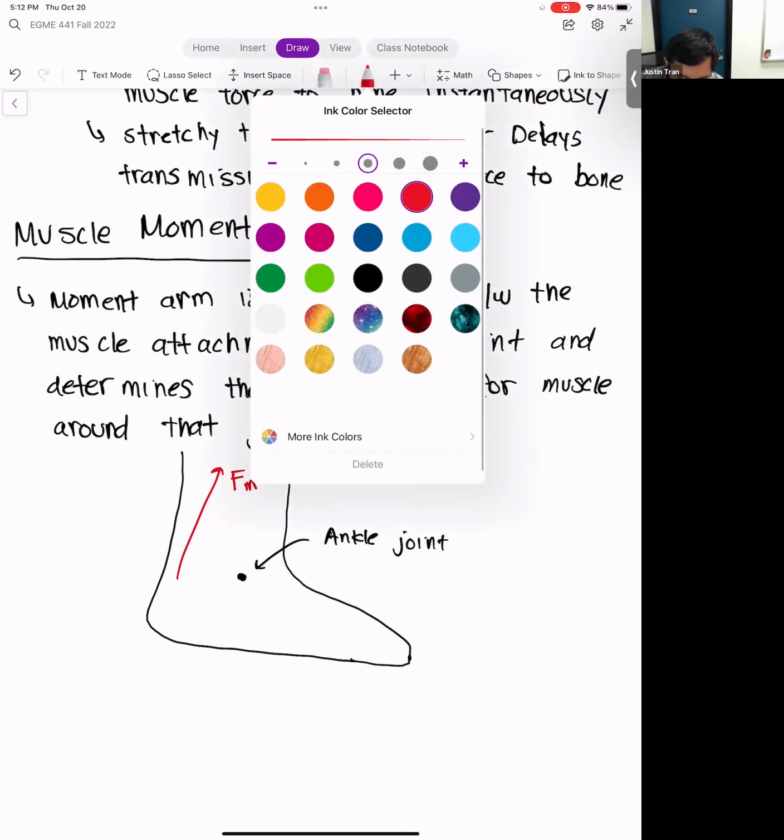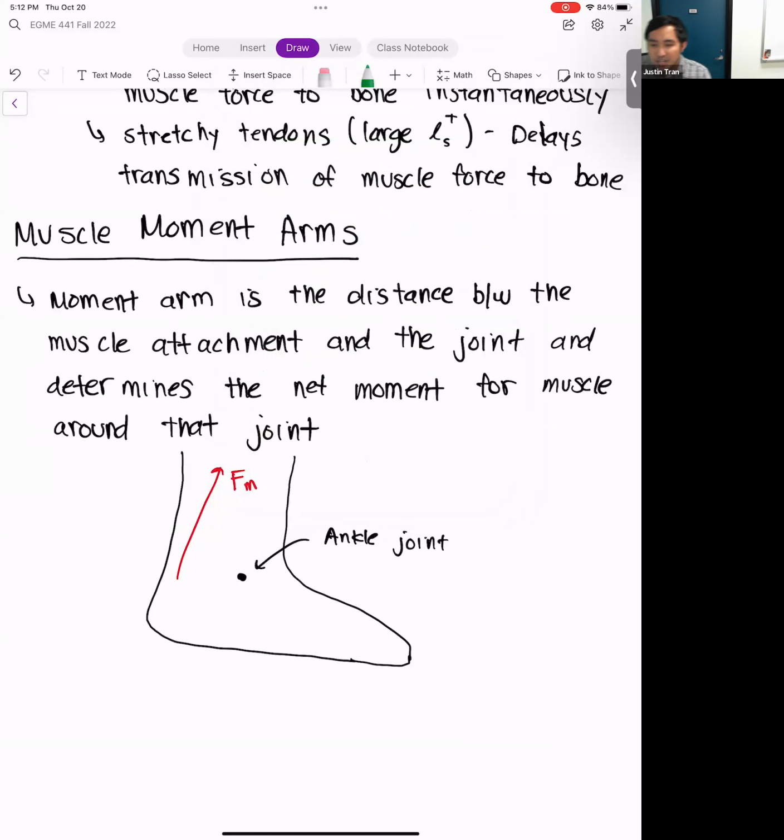Remember, the way that we define moment arm is that it's the minimum distance between the muscle force and the joint. And so the way to find minimum distance is that you draw a line that's perpendicular to the muscle force vector that goes to the joint.